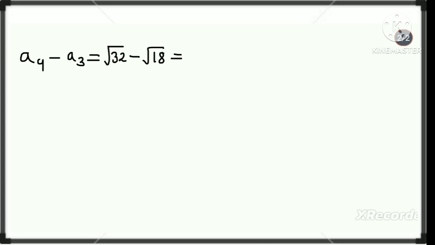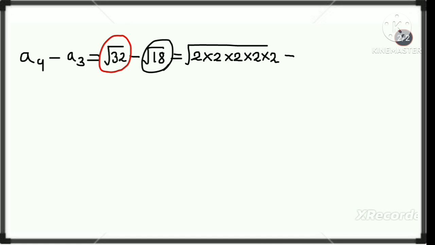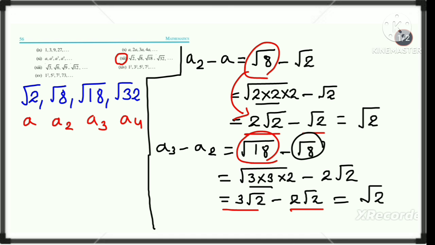And this root over 32 can be written as its prime factors like this: 2 into 2, 4, 4 into 2, 8, 8 into 2, 16, 16 into 2, 32, minus, and this root over 18 can be written as 3 root over 2, and this is already obtained over here, right?